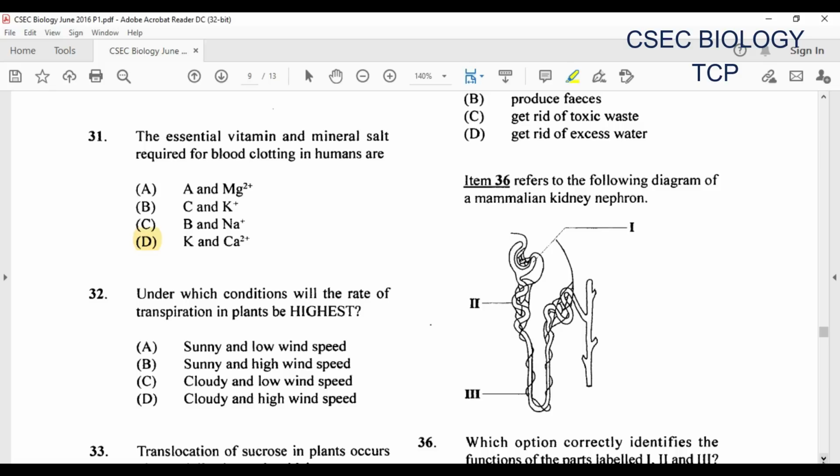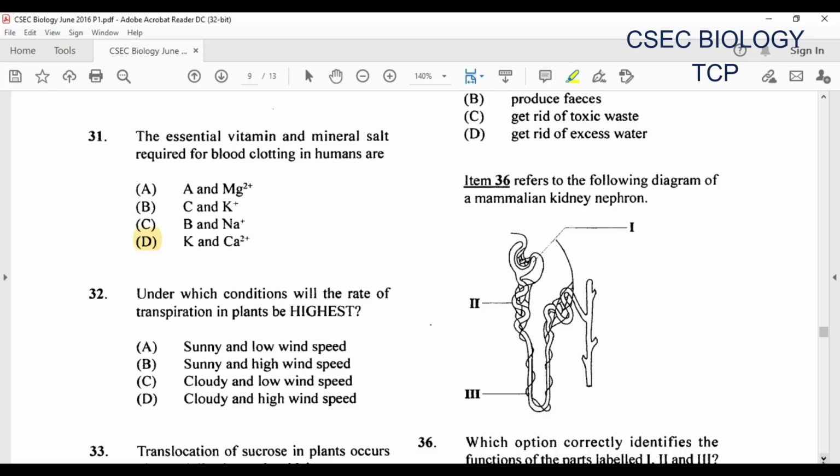Here our options are A, sunny and low wind speed; B, sunny and high wind speed; C, cloudy and low wind speed; D, cloudy and high wind speed.